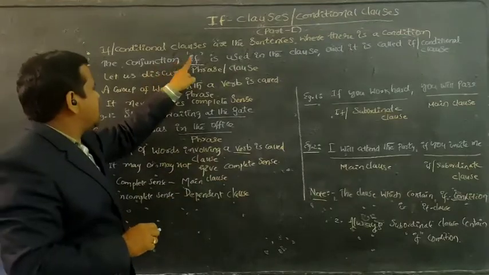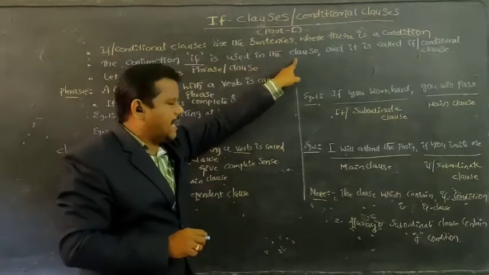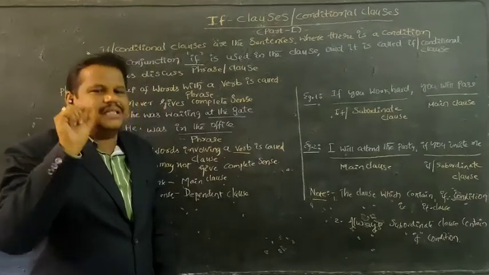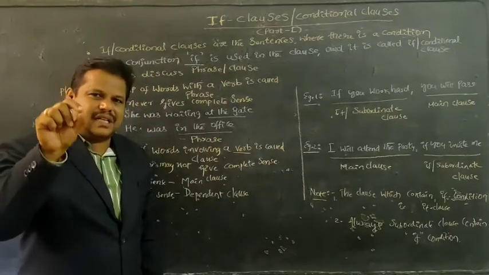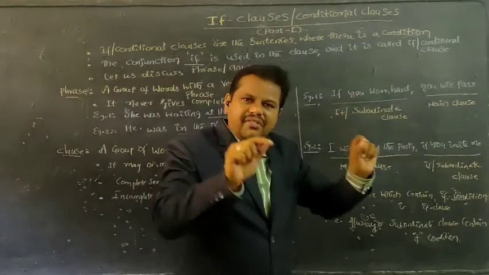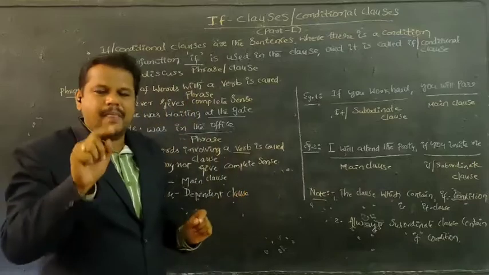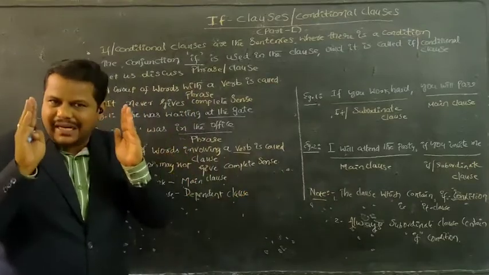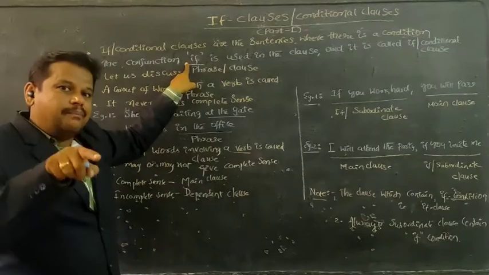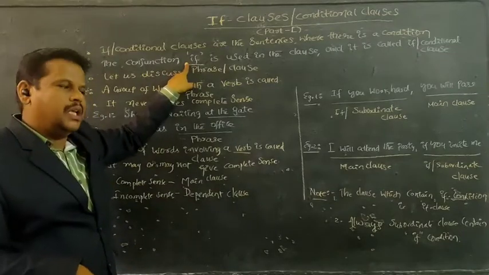The conjunction if is used in the clause. In if clauses, we are going to use one conjunction, called if. And it is called an if or conditional clause. It means that, mandatorily, you should have a conditional statement, and that conditional statement must begin with the conjunction if.